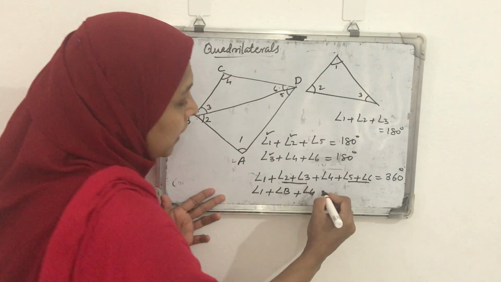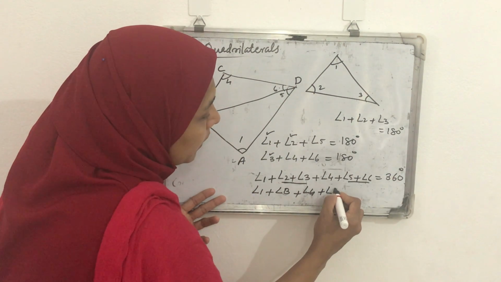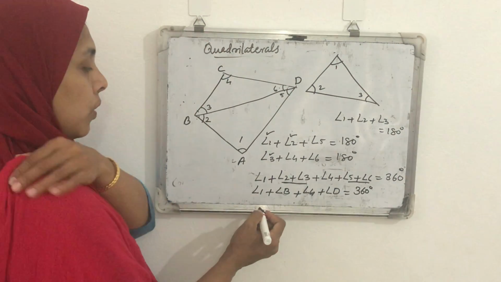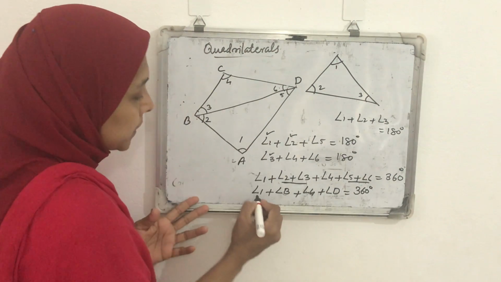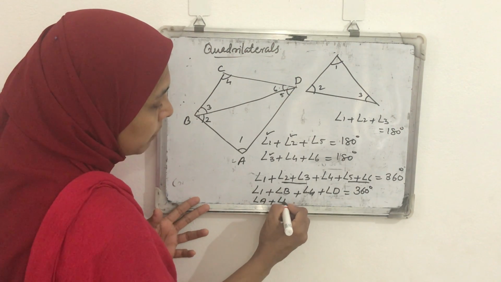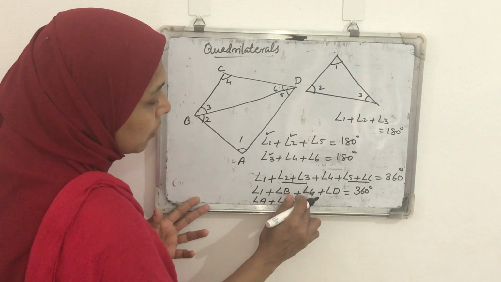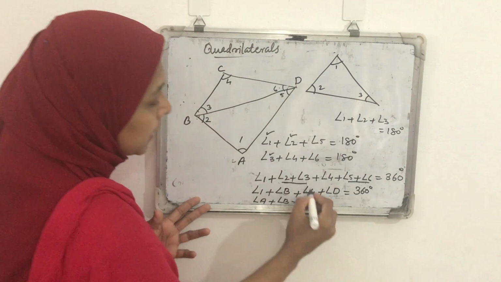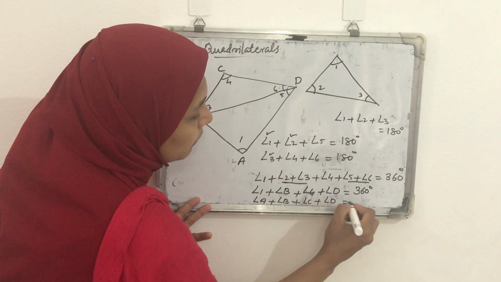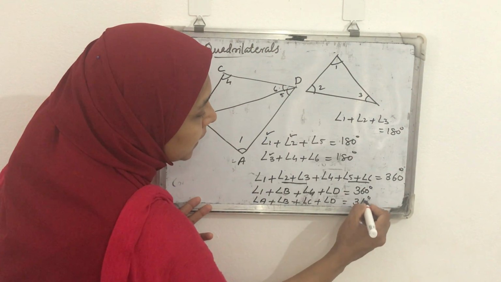It will be angle D. So that will be equal to 360 degrees. Now angle 1 we can represent as angle A, plus angle B plus angle 4, which we take as angle C, plus angle D, that we got 360 degrees.